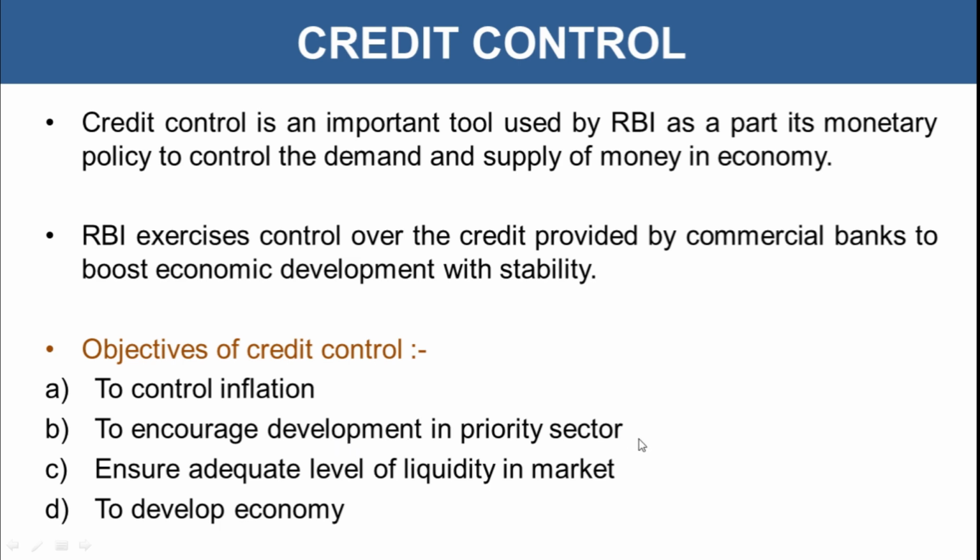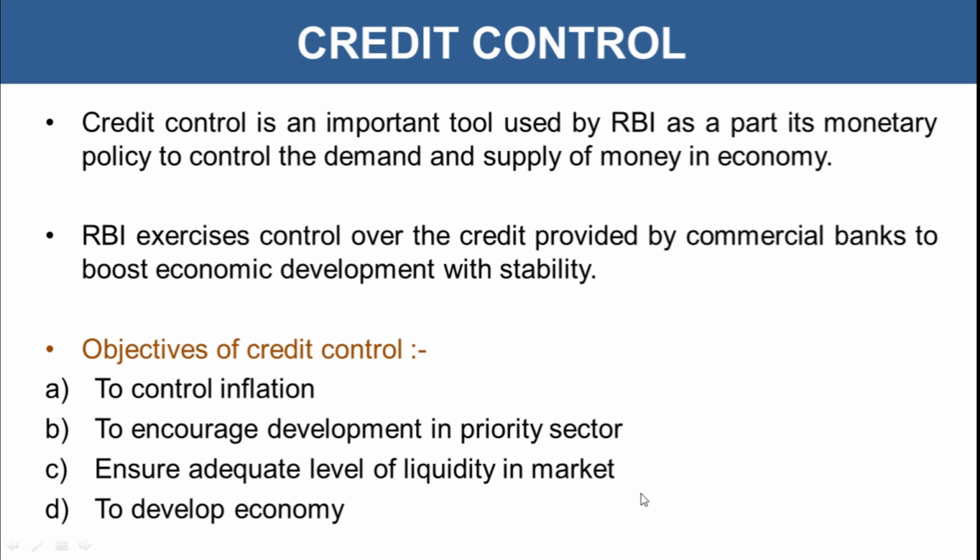Sometimes it also controls this credit to make sure that priority sector development is done. It means the development in those sectors which are necessary for economic boosting, like the sectors of health, education, and agriculture, where there should be focus. These are the priority sectors considered, and thus there should be adequate development, in order to ensure which RBI tries to control the credit by the banks.